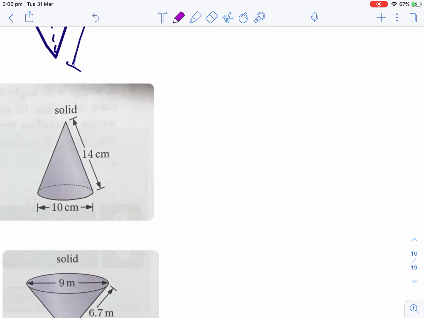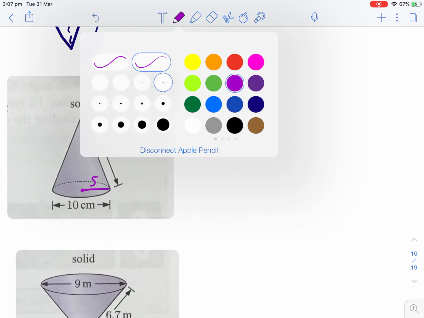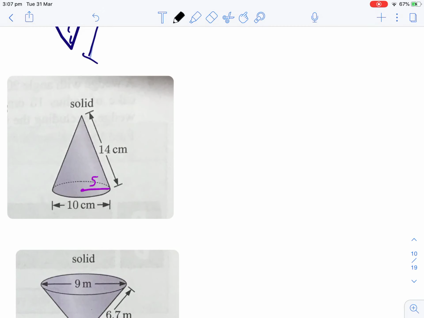So let's do an example. Again, as usual, they're always out to trick you. So they've given you the diameter, but you only need a radius in all these questions. So you'd make sure that you do turn that to a radius. And then when you want to do the surface area, your surface area is equal to pi times your radius, which in this case is 5 squared.